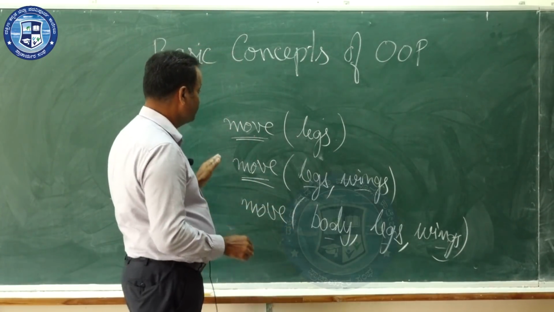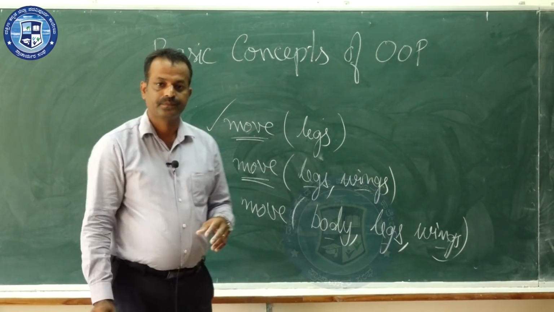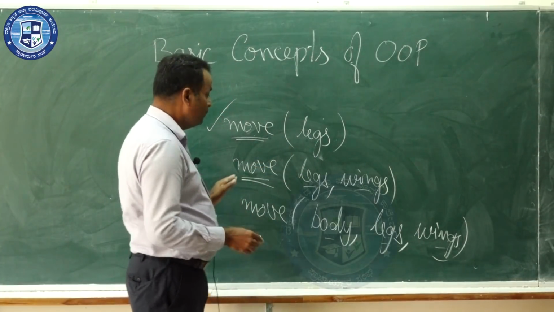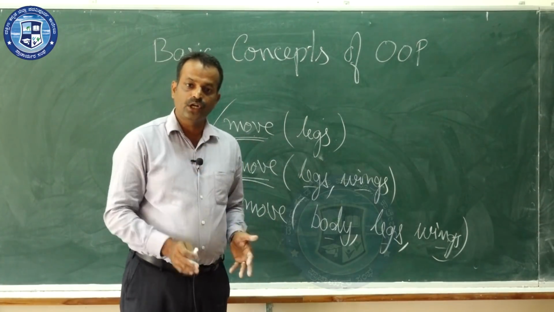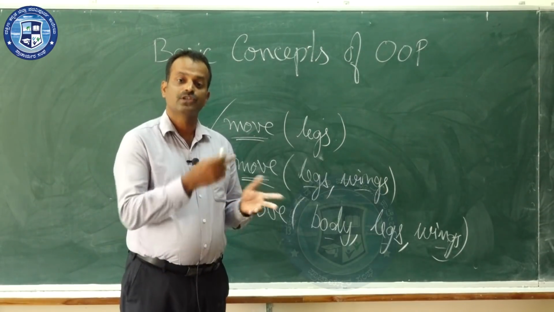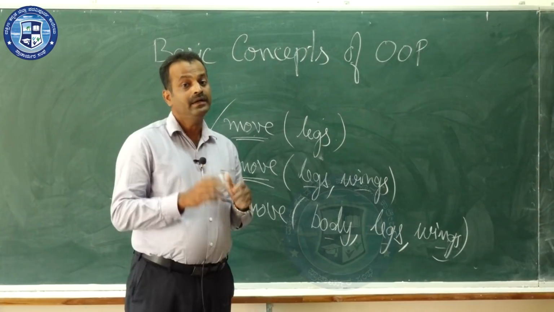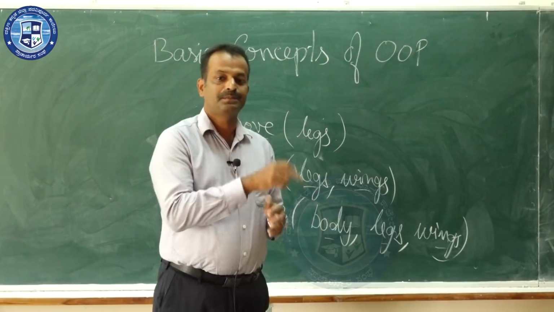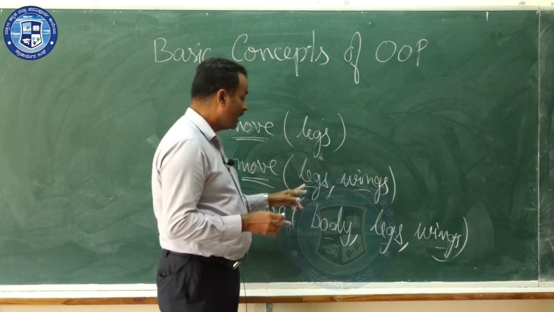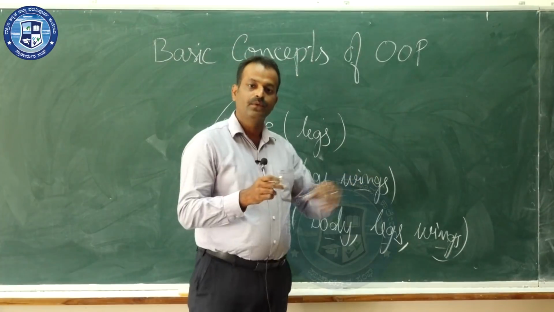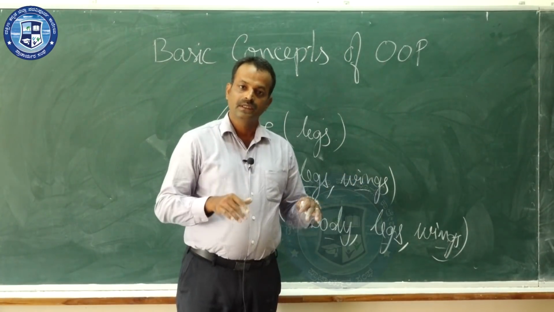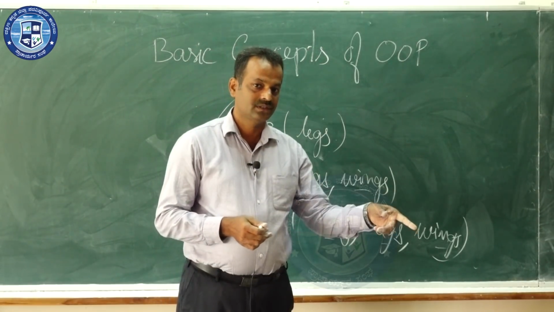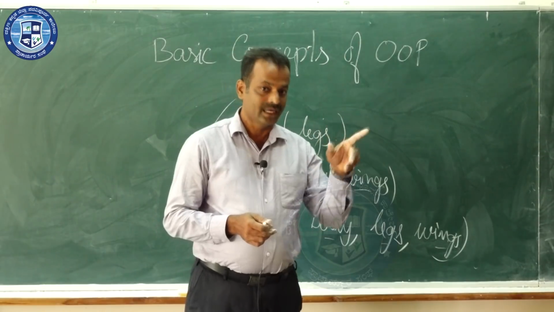Then which function will be called? This function is called, so man is walking. Now sparrow is of the type animal, and I call move on sparrow, passing legs and wings. Maybe the sparrow flies. See, man walks and sparrow flies.